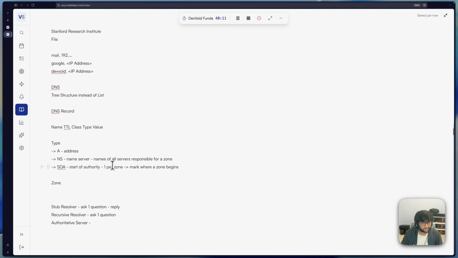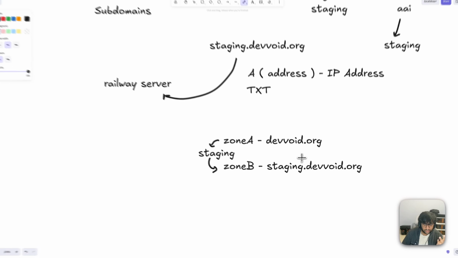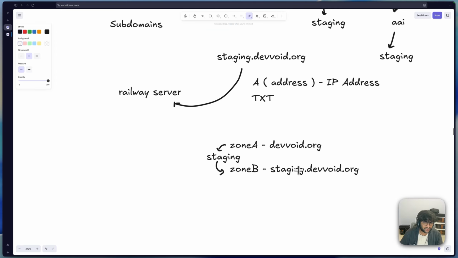In that domain, if I have staging.devoid.org or other various subdomains in the whole ecosystem, this authoritative server will be able to point me exactly that you need to go here or there, right? For example, I'll give a full example with dig. That's better than giving small examples. But that is what authoritative servers, recursive resolvers, and stub resolvers are.